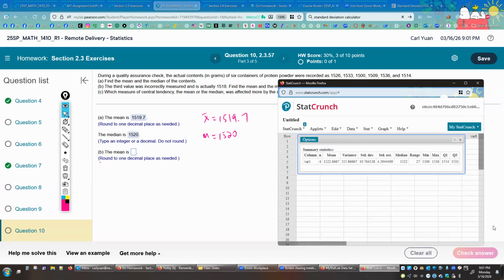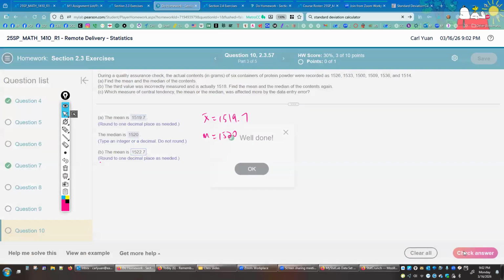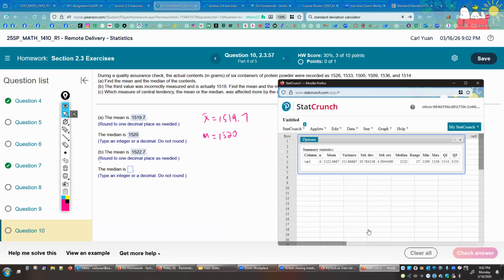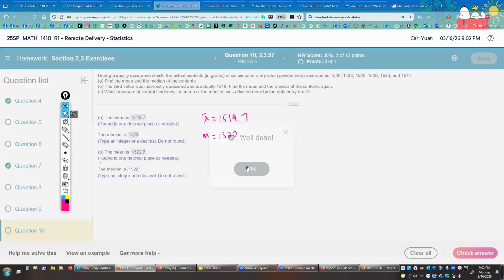So compute. This time, what do we have? We have a mean of 1522.7. And the median this time is 1522.